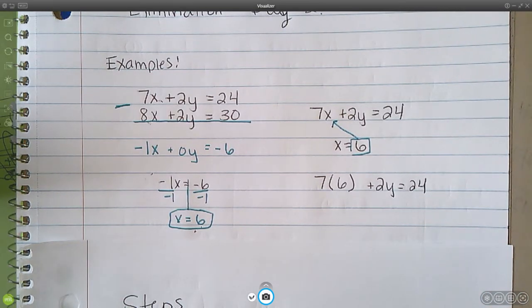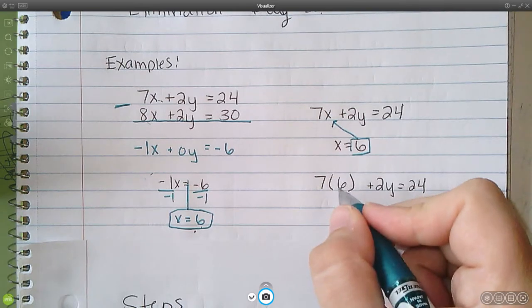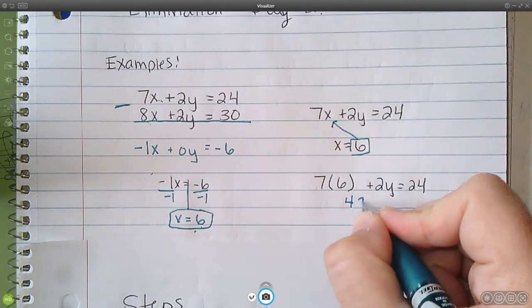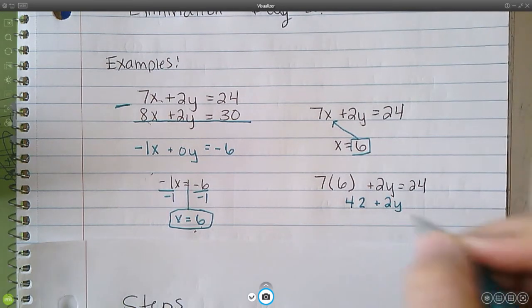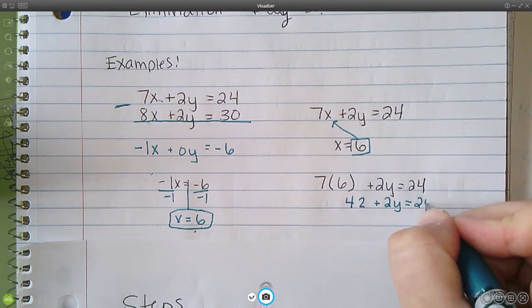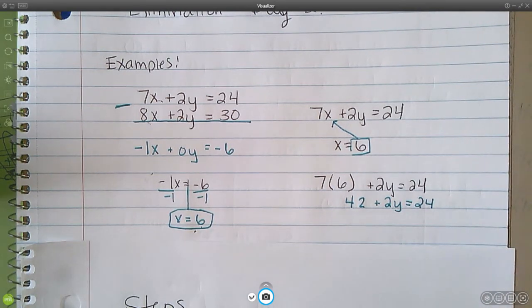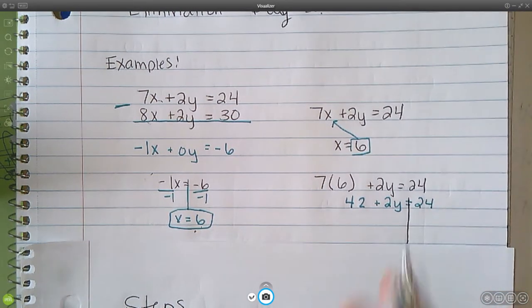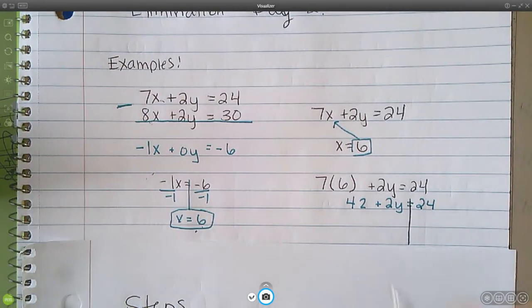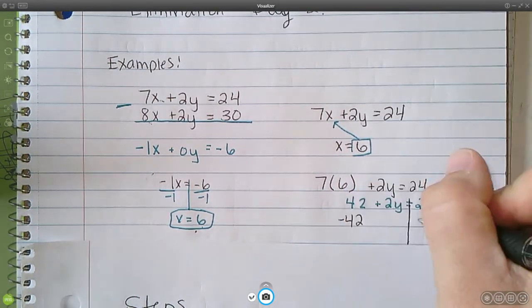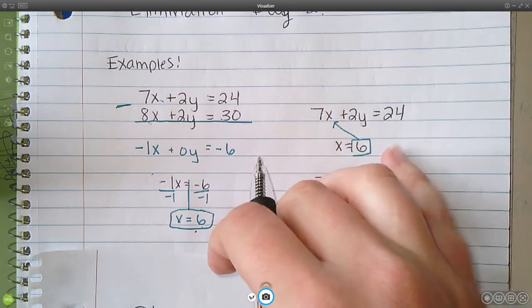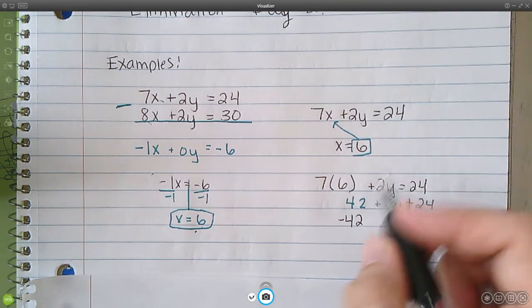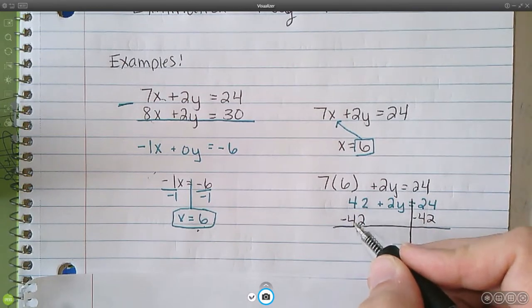The next step said solve for the variable. So 7 times 6 is 42, plus 2y equals 24. I'm going to draw the line. We are going to subtract 42 from both sides. These two things cross out.